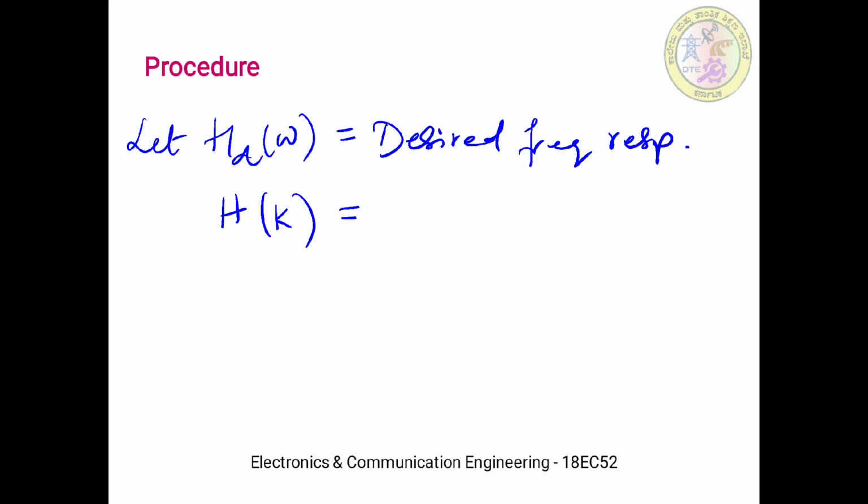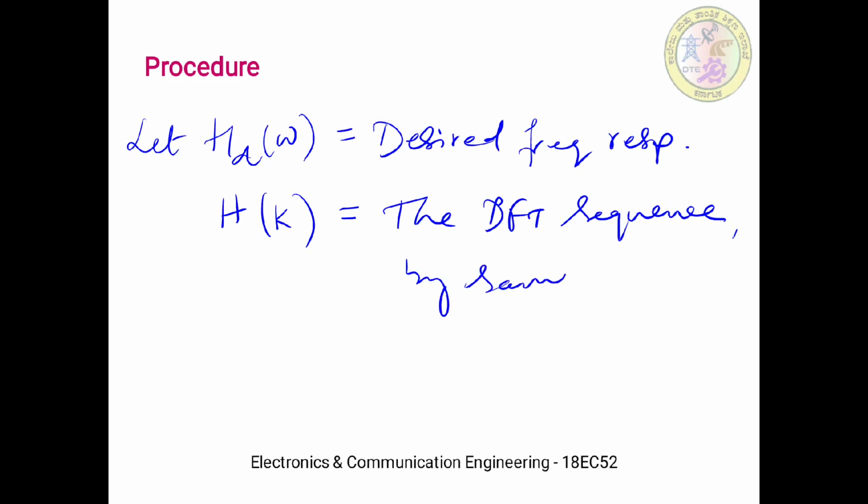I am calling that H(k). H(k) is nothing but the DFT sequence which is obtained by sampling Hd(omega). Let h(n) represent the impulse response of the FIR filter.